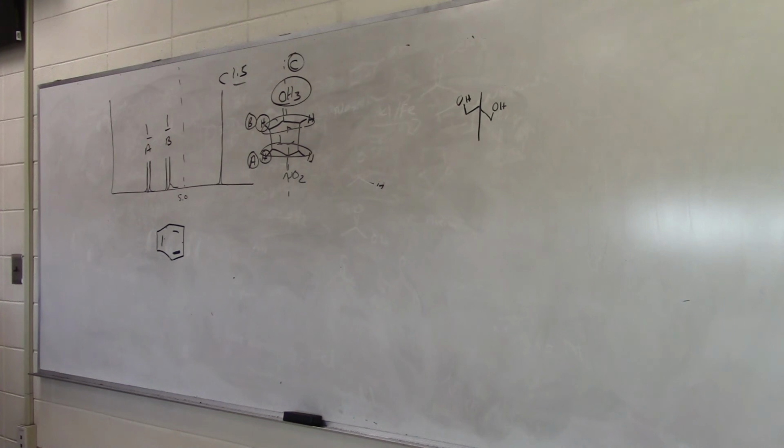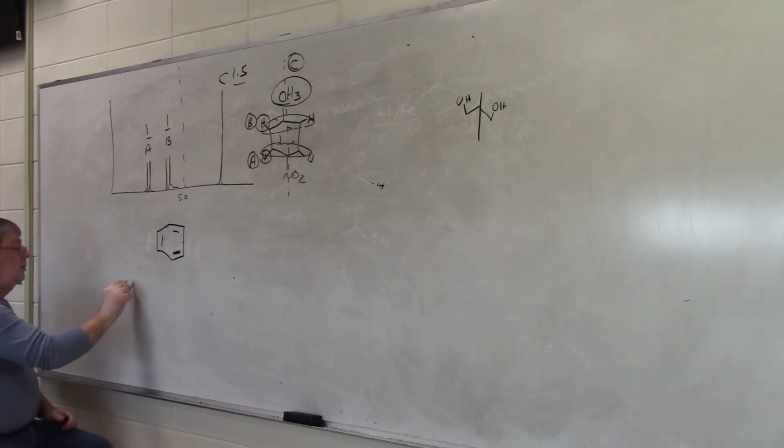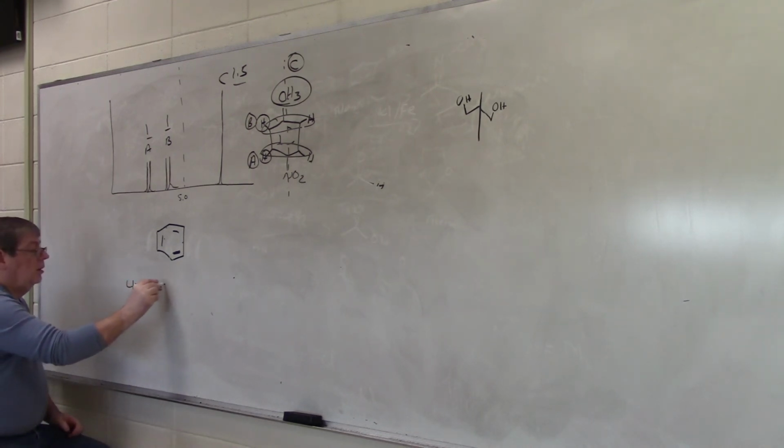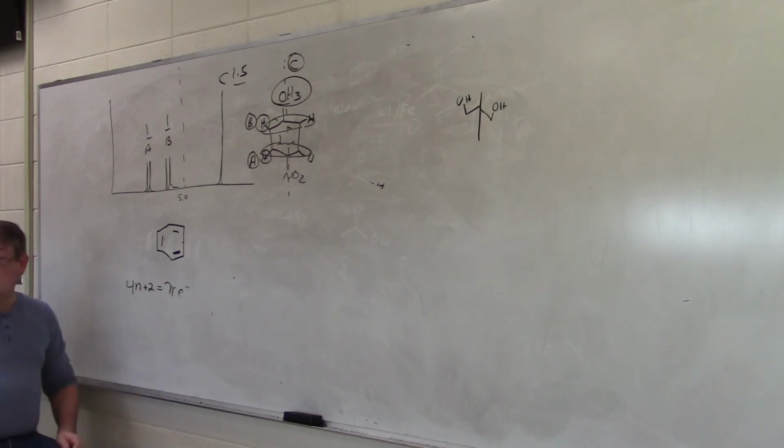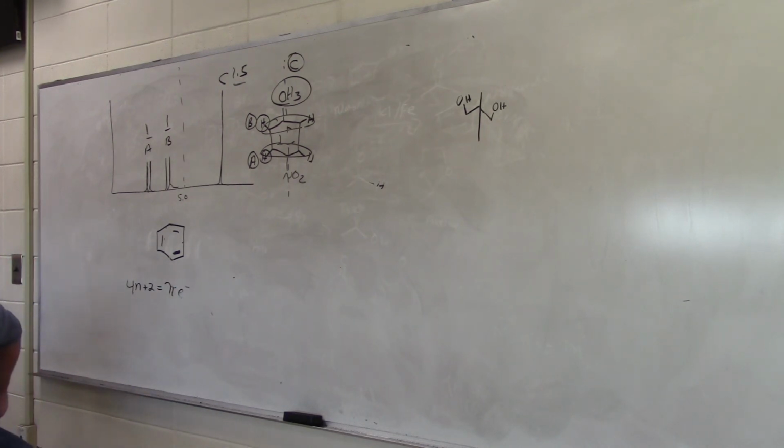The number of electrons equals 4n plus 2. Close. The number of pi electrons is 4 times n plus 2. That doesn't have to equal 6, but 6 could satisfy that.